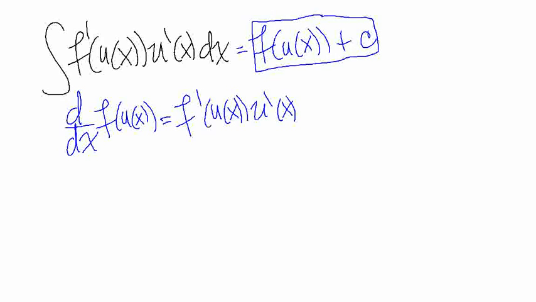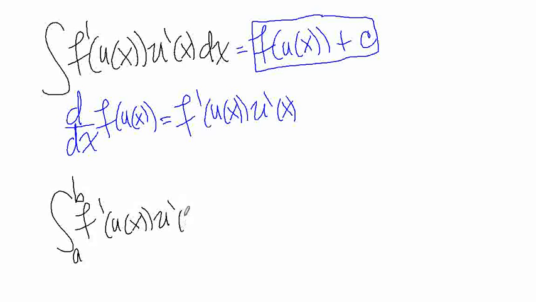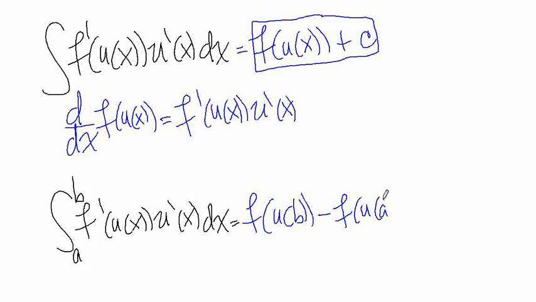Okay, and the corresponding pattern for definite integrals would be the following. Now, assuming that the antiderivative technique works, we can write the definite integral as f of u of b minus f of u of a.